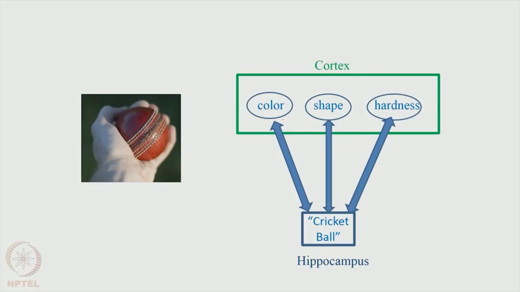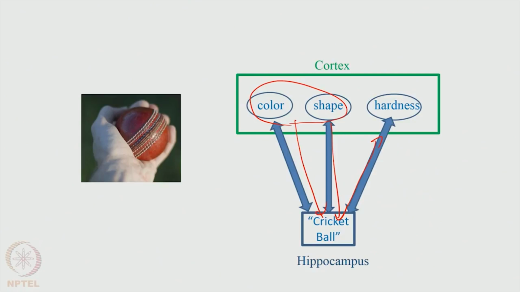So, if you see this color and this shape for example, that activates these cricket ball neurons, so to speak, and once the cricket ball neurons are activated, they send feedback again to the cortex, and that will activate the other parts of the cortex also.